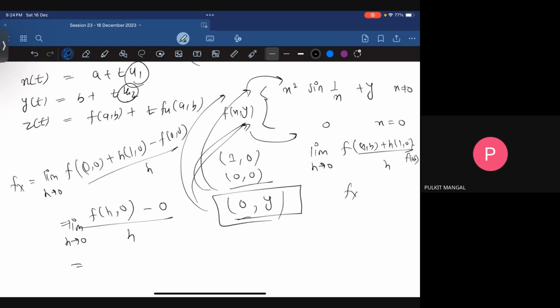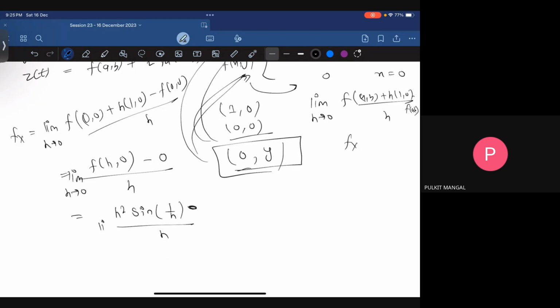Now f(h, 0) would be h squared sine of 1 by h, plus 0, divided by h, limit as h tends to 0. Now if you cancel this, we get the limit as h tends to 0 of h sine of 1 by h.